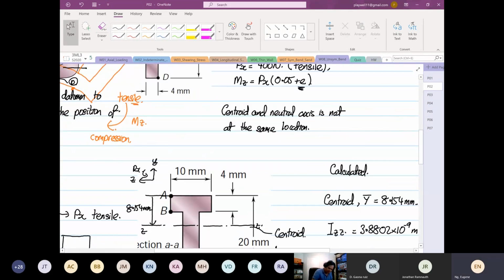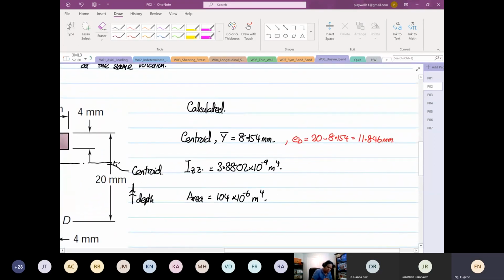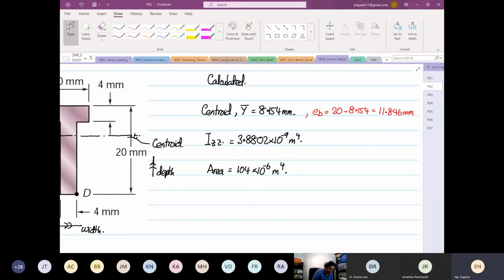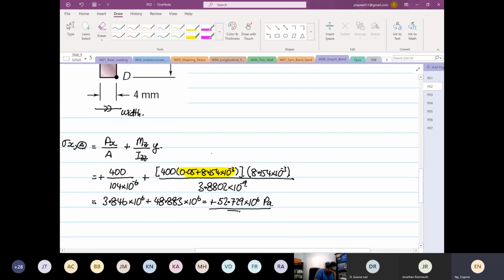I'm fine. So if you decide to take at the bottom, to calculate this value over here will be what? 0.05, right?